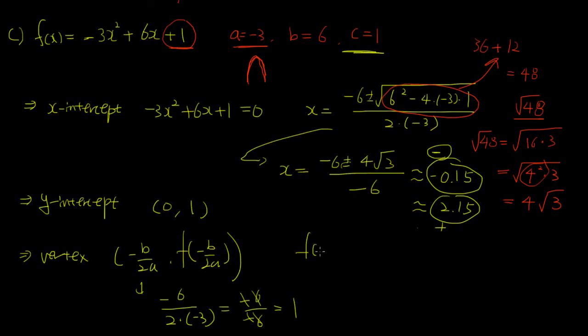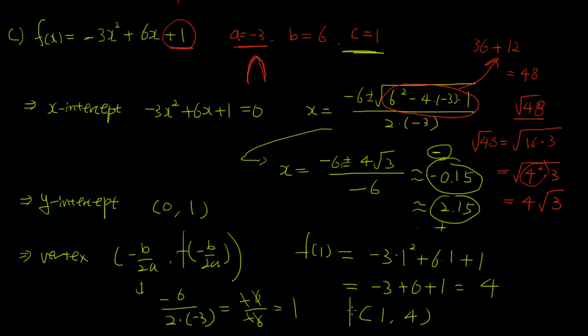So f of 1 is going to be negative 3 times 1 squared plus 6 times 1 plus 1. So this is negative 3 plus 6 plus 1, which is 4. So you know that this is going to be 1 and 4, the vertex.